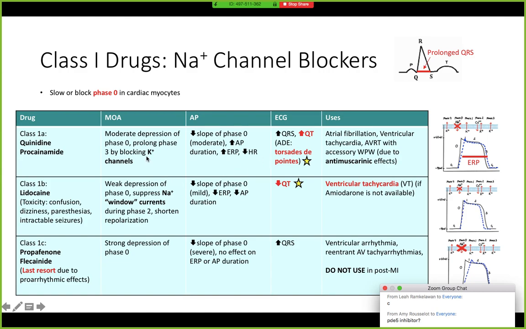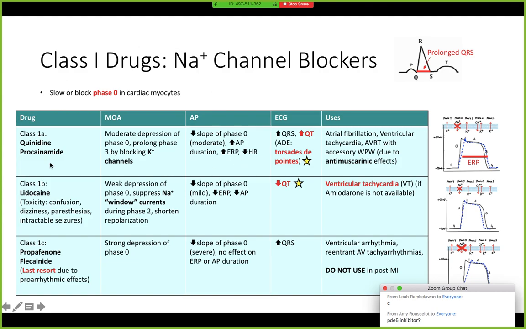Whereas if you block potassium channels in phase 3, your QT is going to be prolonged because it takes longer for repolarization to occur. That's where you get this prolonged QT interval from.